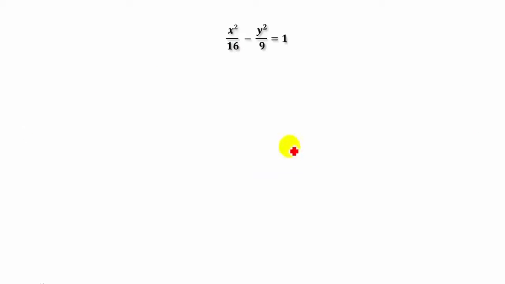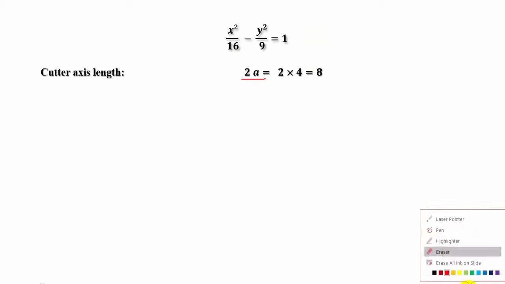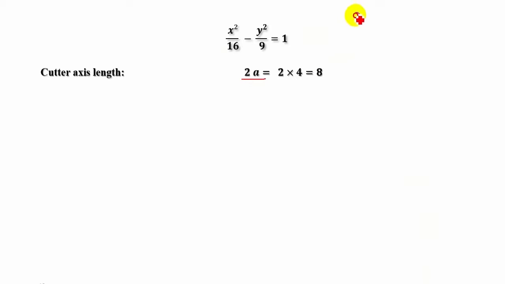Let's see. First, we divided by 144, so that's our general equation. To get the cutter axis, we know that the cutter axis is 2a. From what we have done above, what will a be? From here, getting the square root of 16, a will be 4.